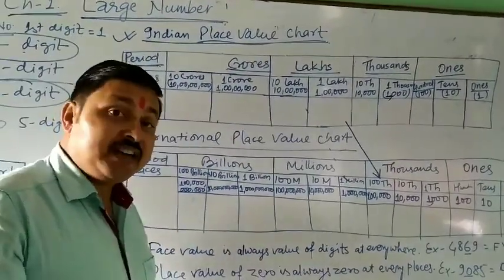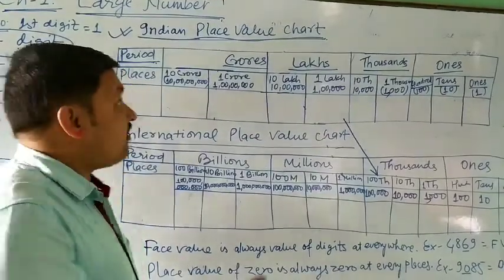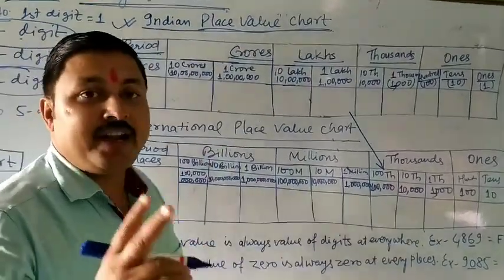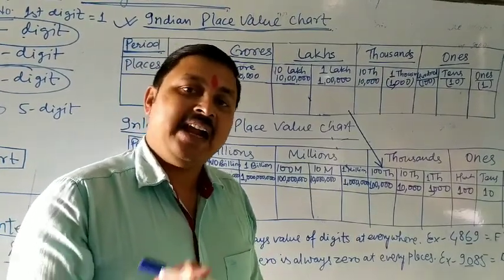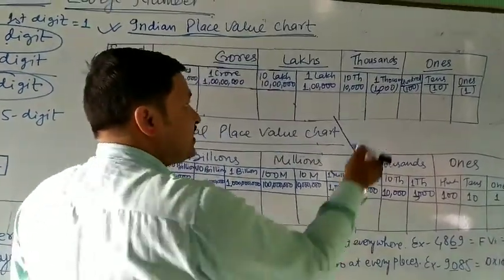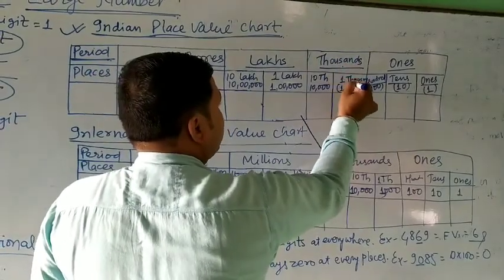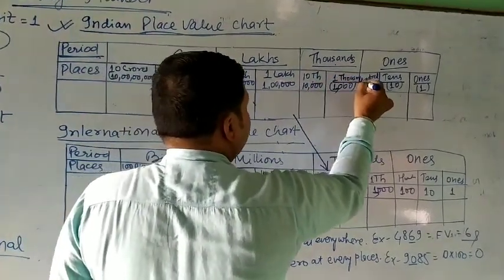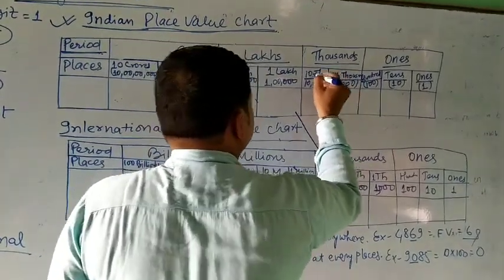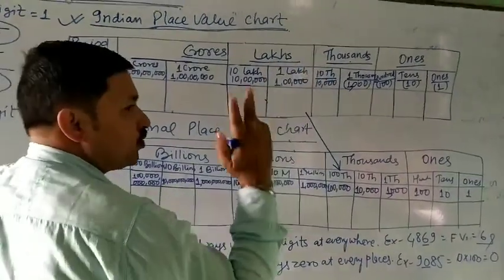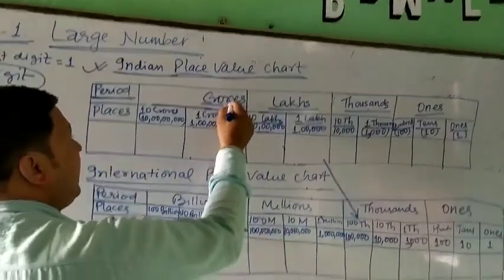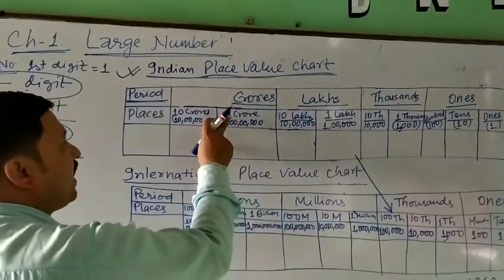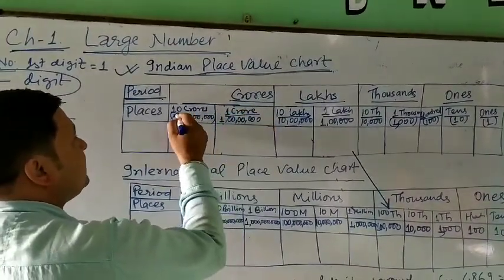But after the ones period, every period is divided into 2 parts, ones and tens. That means thousands is divided into 2 parts, 1000 and 10,000. Then lakhs is divided into 1 lakh and 10 lakh. And crores is divided into 1 crore and 10 crore.